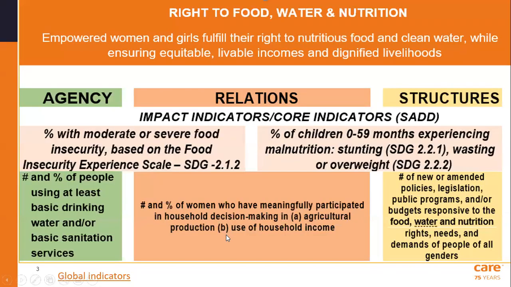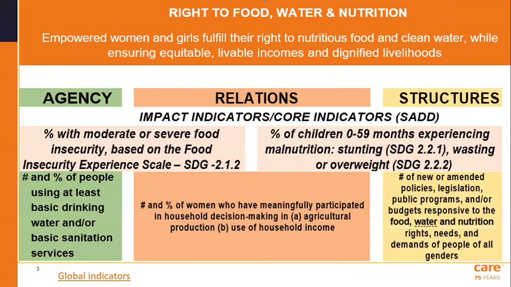Okay, so we apply a common set of indicators in our FWS programming to ensure the measurement and presentation of a coherent global picture of the impact we contribute to. In line with CARE's 2030 program strategy, FWS puts women and girls at the center of its work, and the measurement metrics are designed to capture impact that contributes to the broader organizational goal of gender justice.